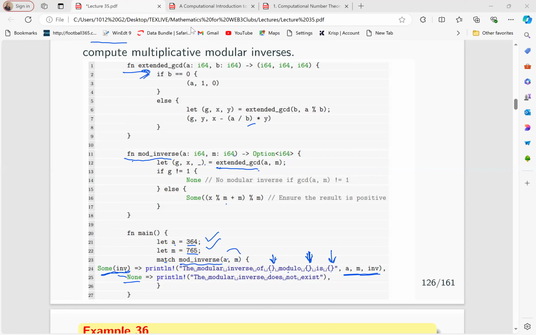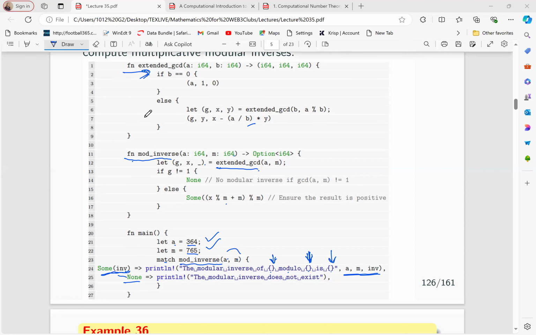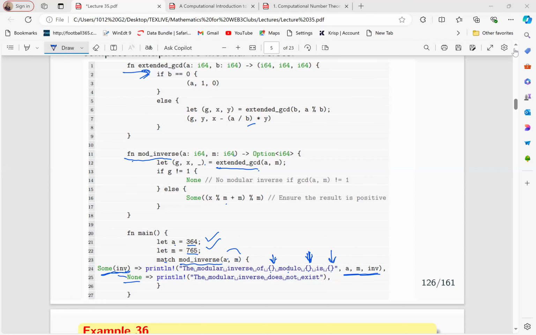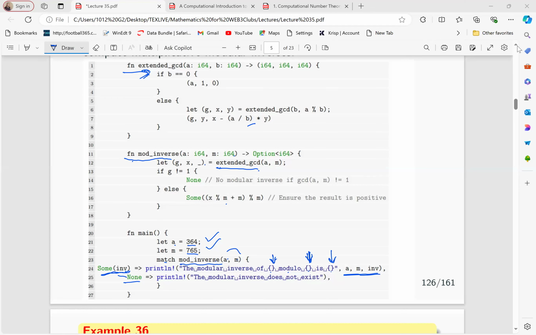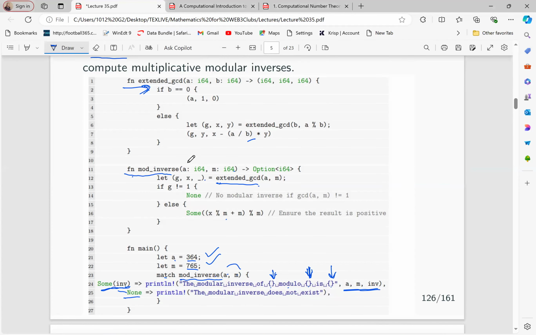Okay, so that is the order in which this code will be working. We've said the first thing, when we enter the main function, it calls on the mod inverse function, asking it to get the inverse.